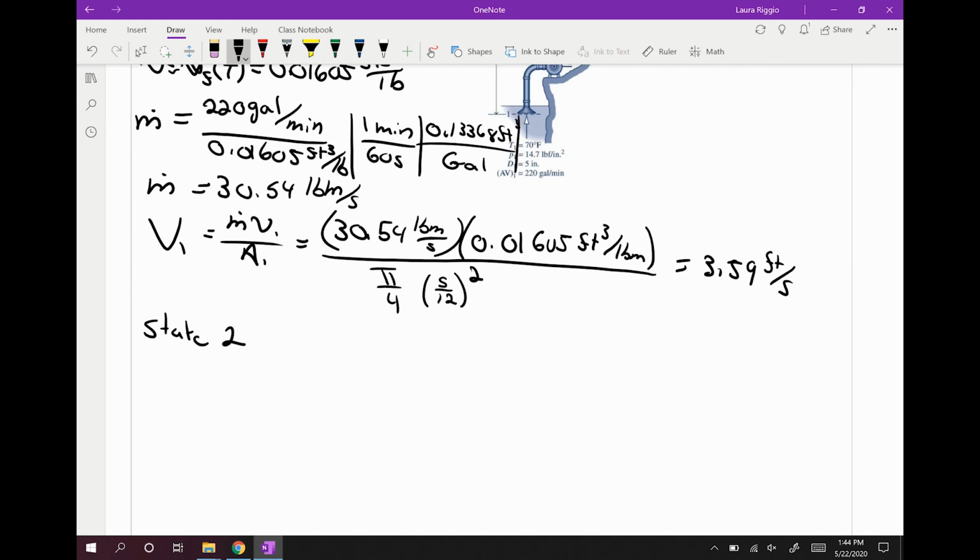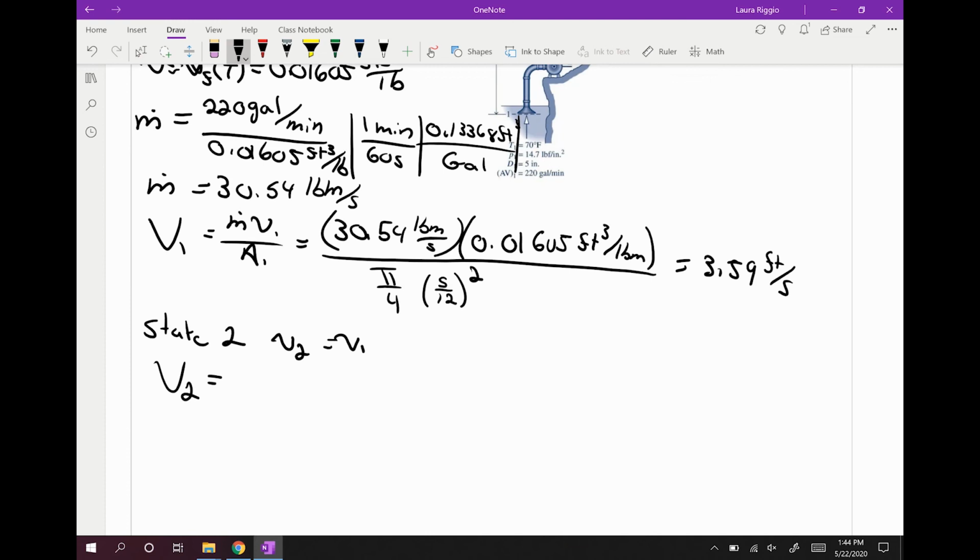For state 2, our specific volume at state 2 is equal to our specific volume at state 1, since we were told that the temperature and pressure between the inlet and the outlet do not change significantly.